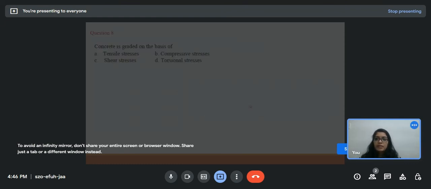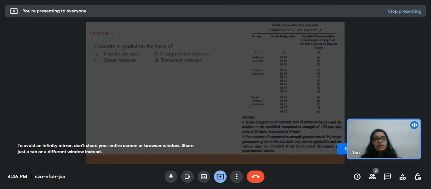Next question: concrete is graded on the basis of what? Tensile stress, compressive stress, shear stress, or torsional stress. This is a picture of a table taken from IS 456, Table 2. Here we can see the different grade designations of concrete, M10, M15, M20, up to M80.